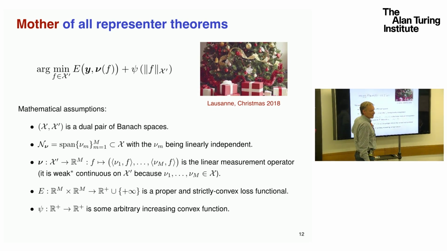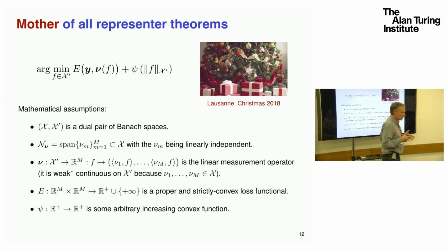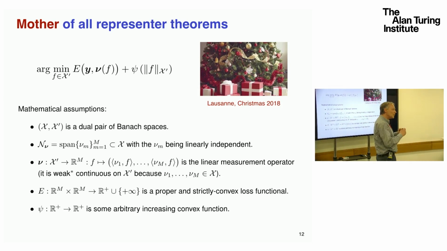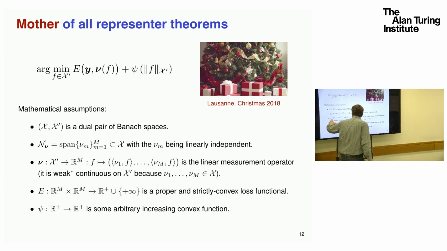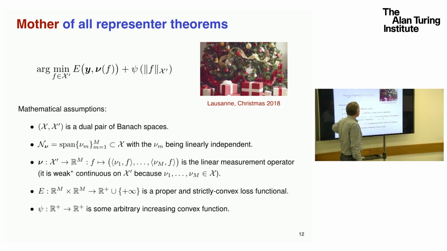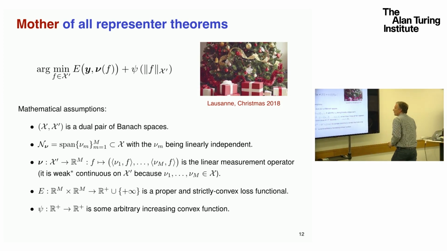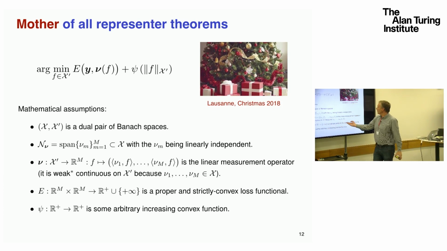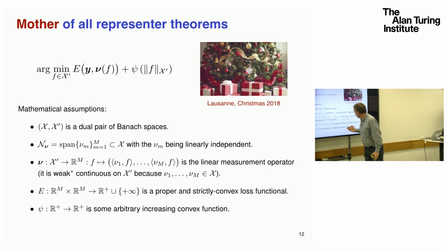It looks a little ugly, and you would prefer to put X. But this theorem only works for spaces that have a predual. If the functional is in the predual, you're guaranteed that it's weak-star continuous. Then this guy is just a proper strictly convex loss functional, and this guy is an arbitrary convex function.